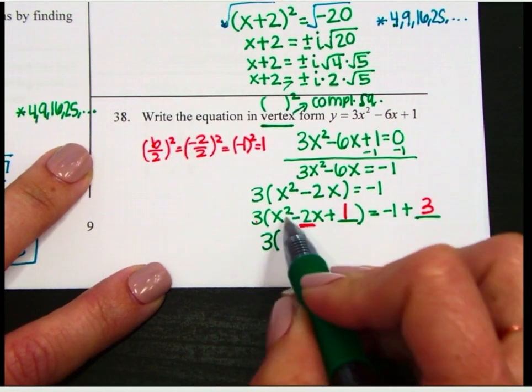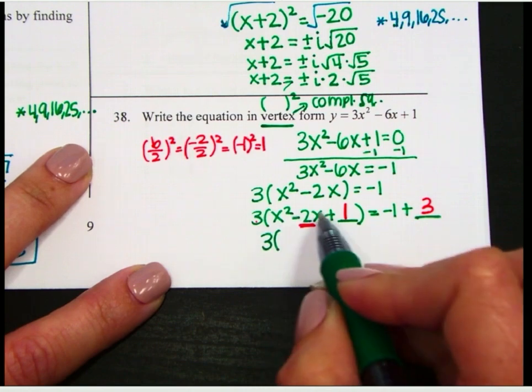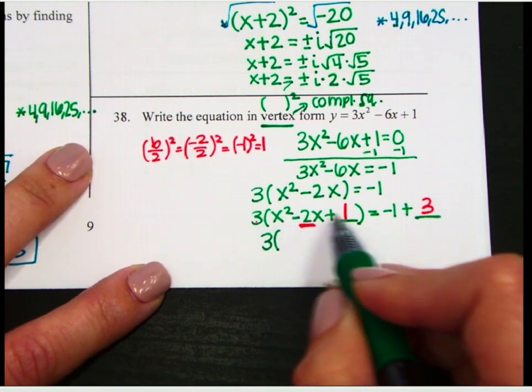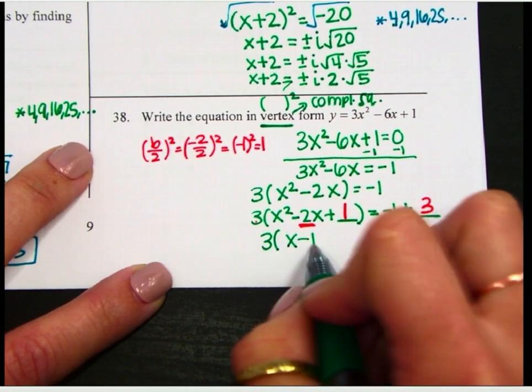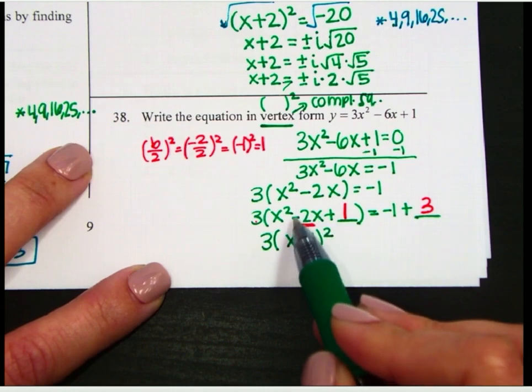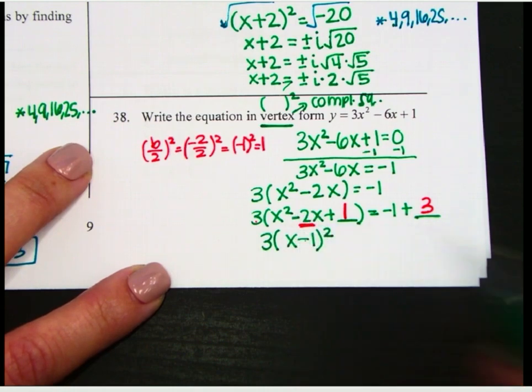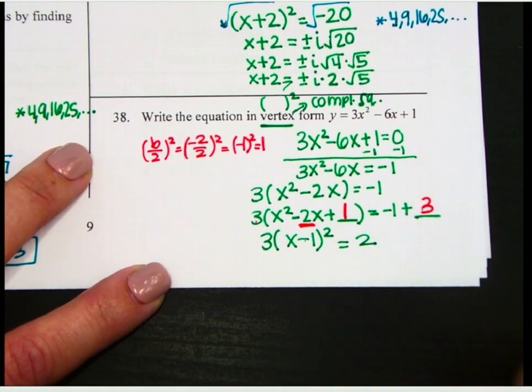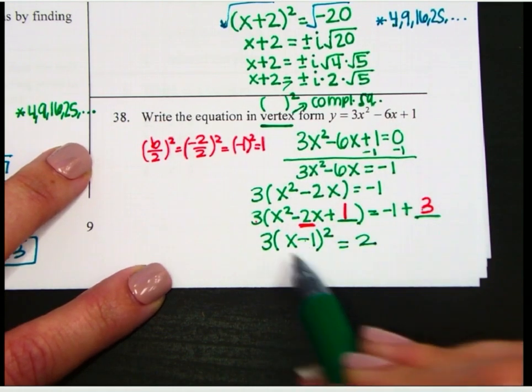Now we're going to rewrite this trinomial as a square binomial by factoring. If you were to factor this, it would be x minus 1 and x minus 1, which is giving us x minus 1 squared. Or the shortcut is b divided by 2. If you just divide this b by 2, you get negative 1. That's equal to negative 1 plus 3, which is 2. Vertex form, we're not going to solve.